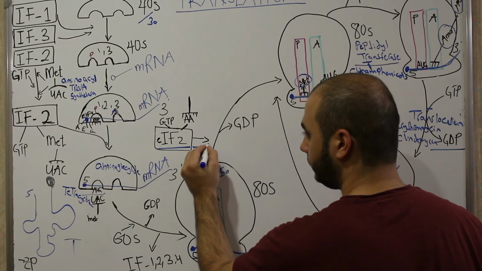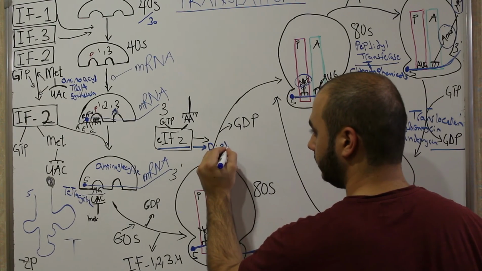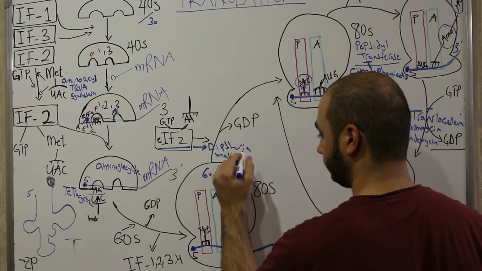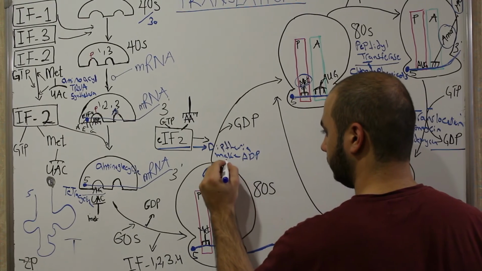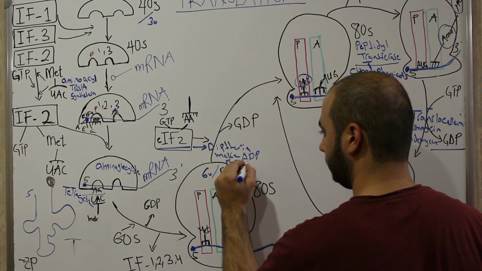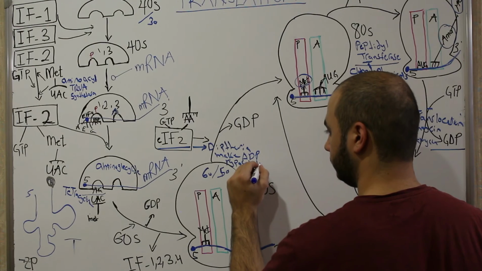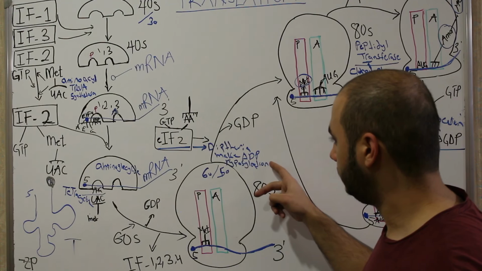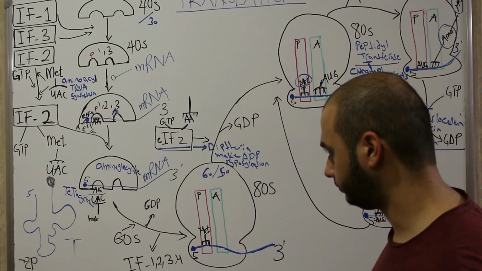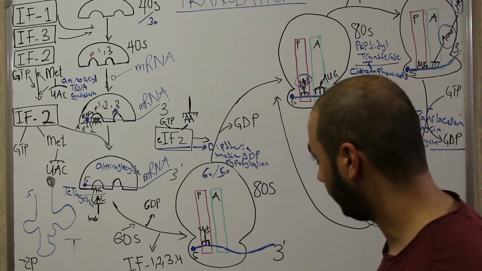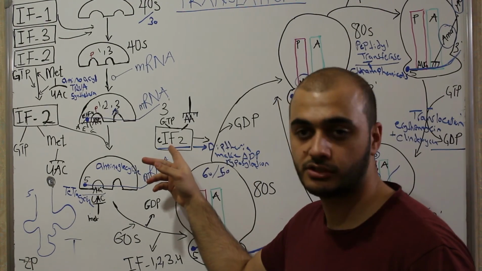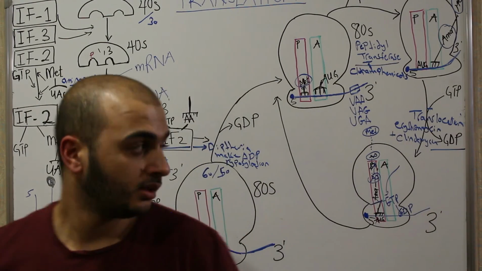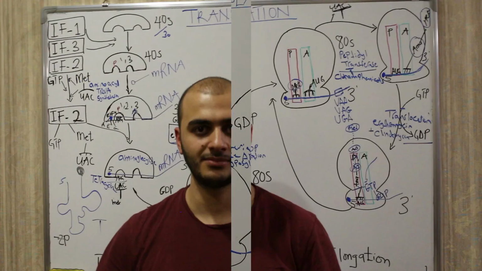So diphtheria makes ADP ribosylation and inhibits this elongation factor 2. So this is mainly about translation.